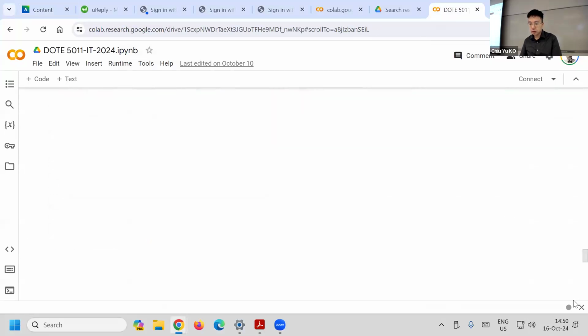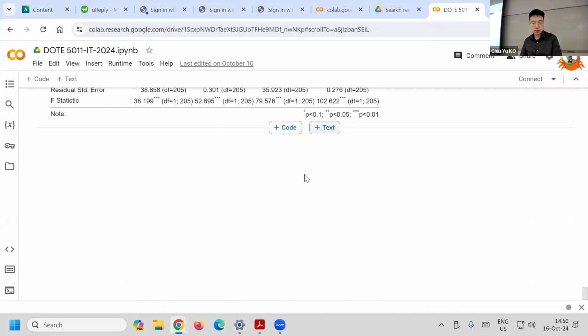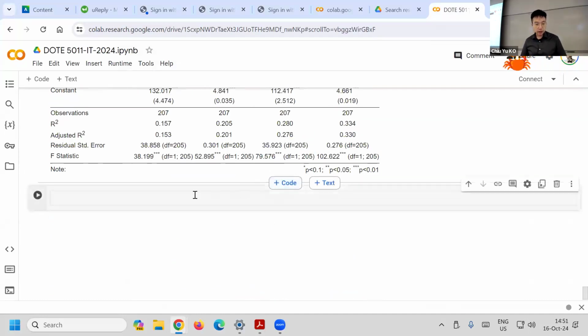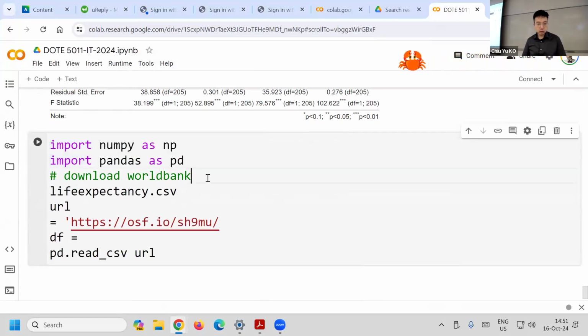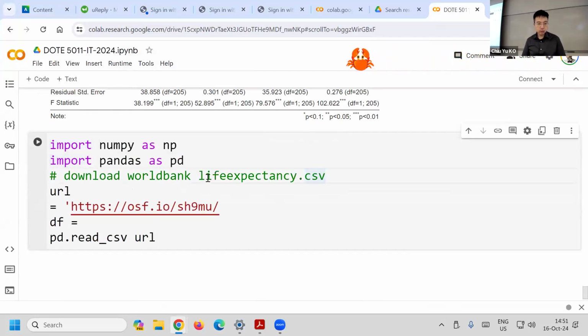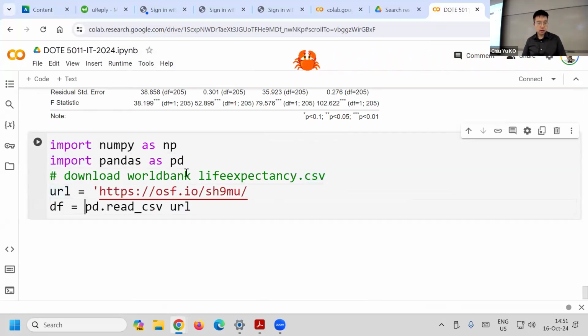Let's run the code. Okay, let's have this data being downloaded. For some reason, it's not copying right away.